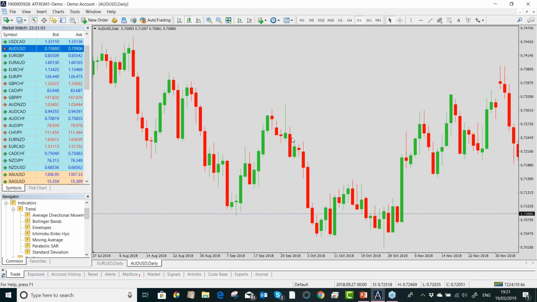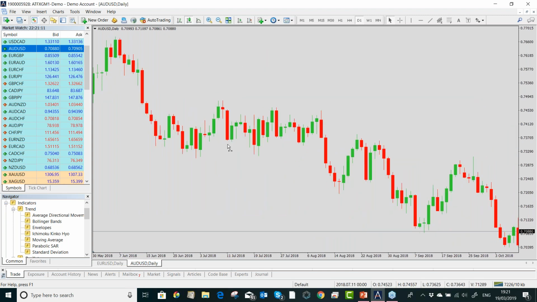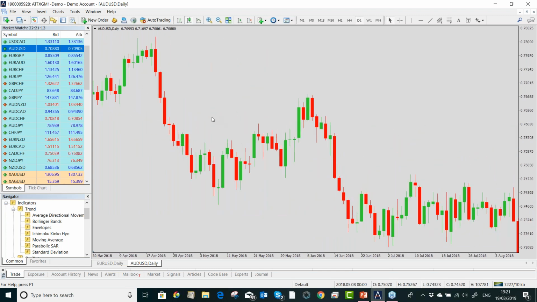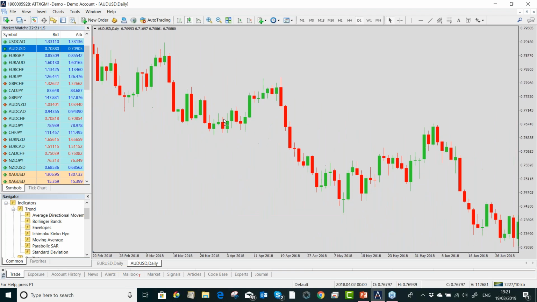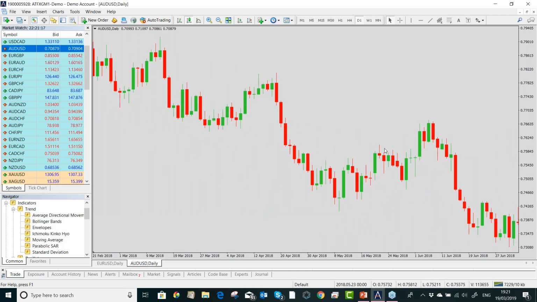So this is one thing that I very often use in my strategy creation, these specific types of bars. We can also see another one here.